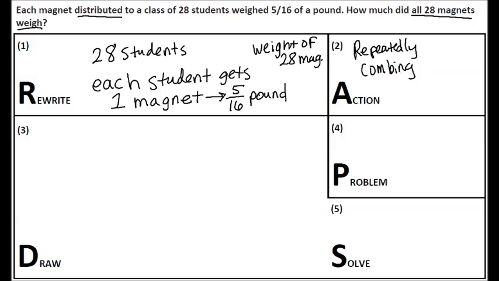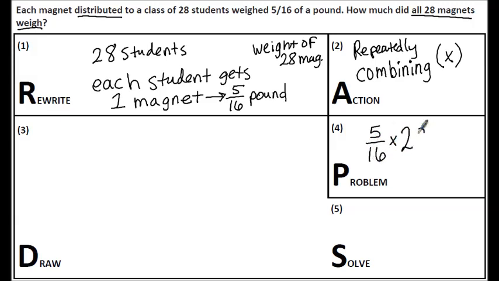That's why our action is repeatedly combining. And we can add this up 28 times, but multiplication is the quicker method. So we have 5/16, and we want 28 groups of that combined.